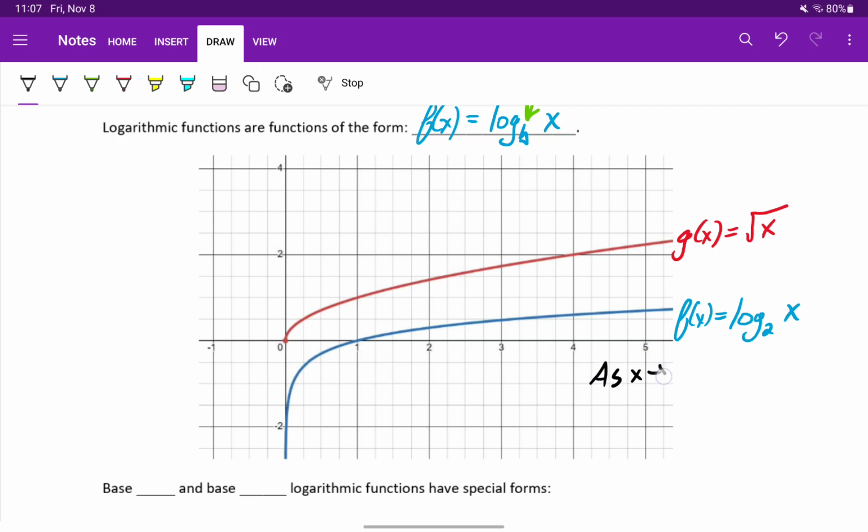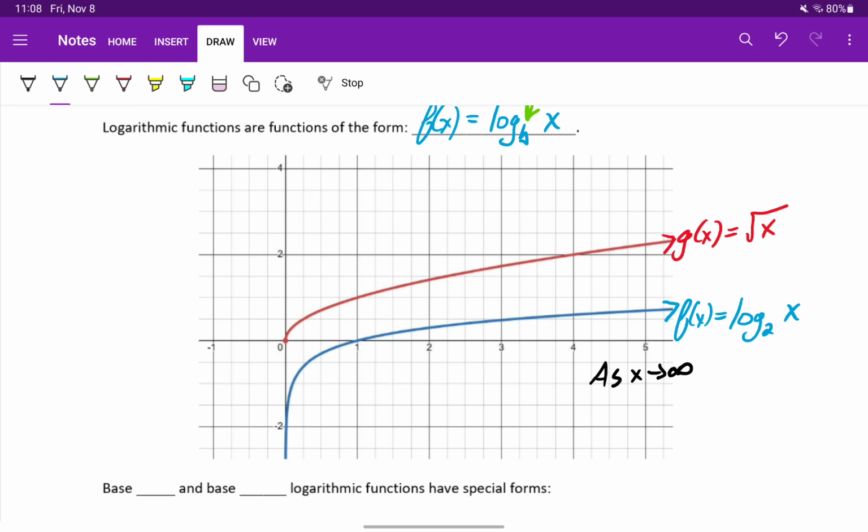As x approaches positive infinity, both functions are going to be headed to positive infinity. It may not be as intuitive with this graph as some others, because that rate of growth is a lot slower. But as our x value increases, this curve for f of x is going to continue increasing. This curve for g of x is going to continue increasing.